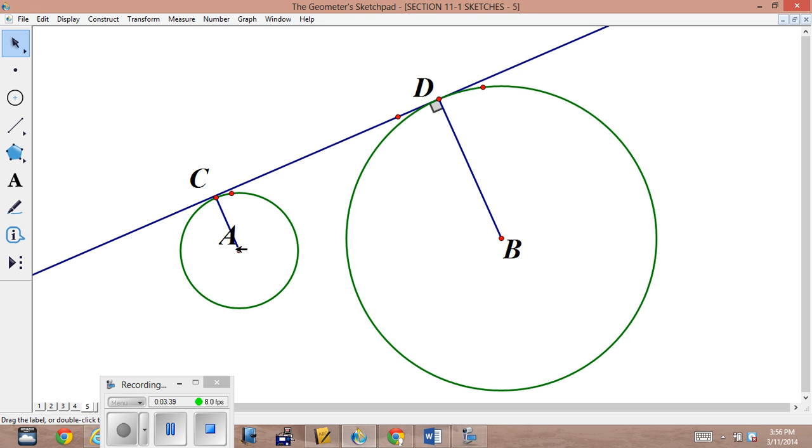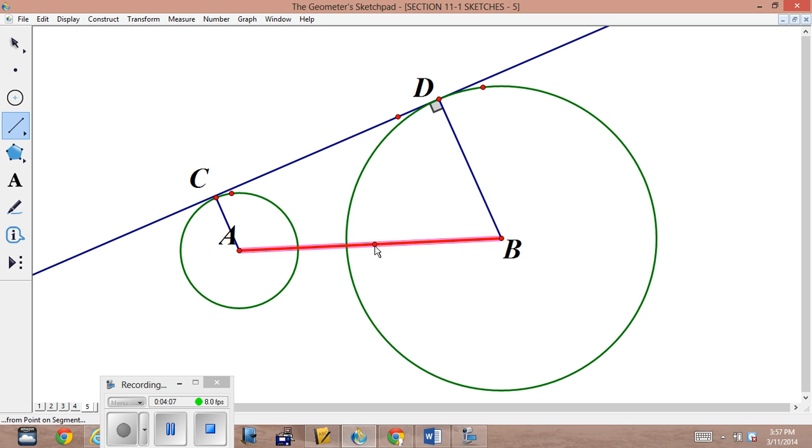Okay. Now, a couple things. Some of the problems ask, what is the distance AB given CD, or the other way around, what is the distance CD given AB? Well, let's just draw our segment AB right in there. Now, in order to find those distances, we need to construct a right triangle.